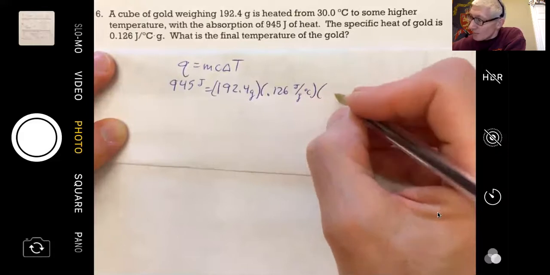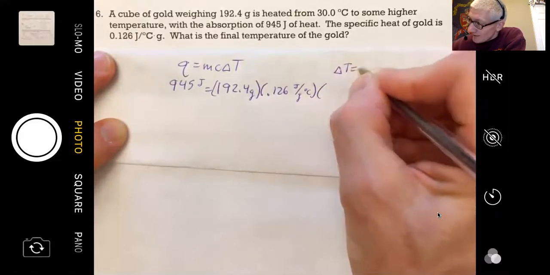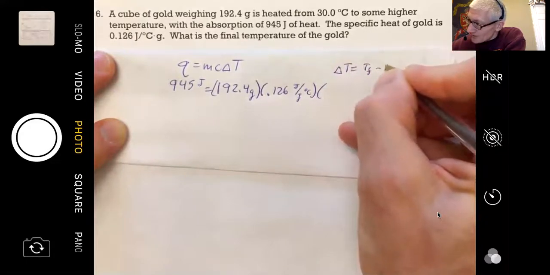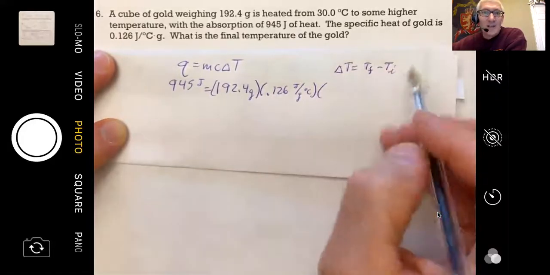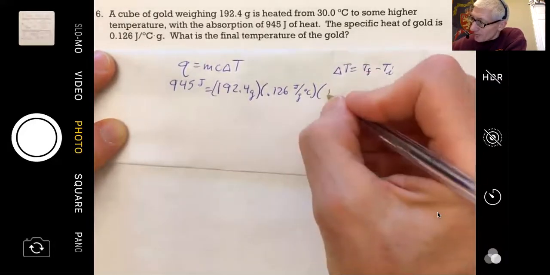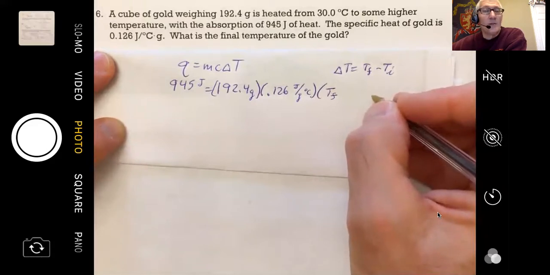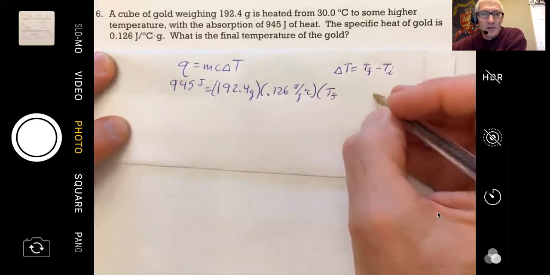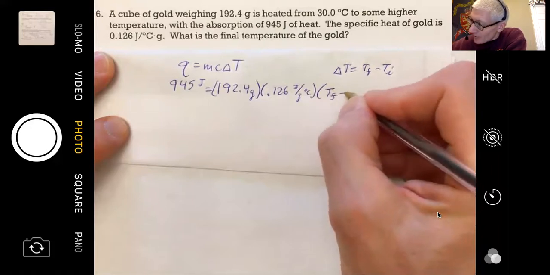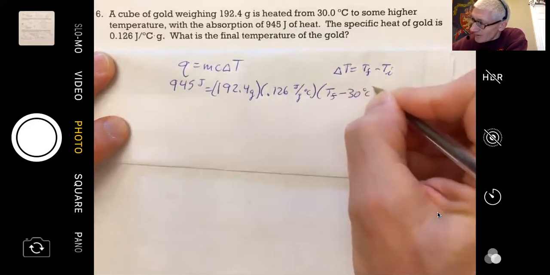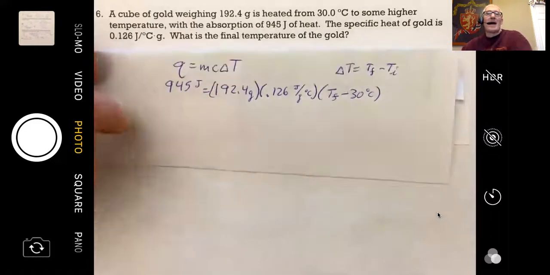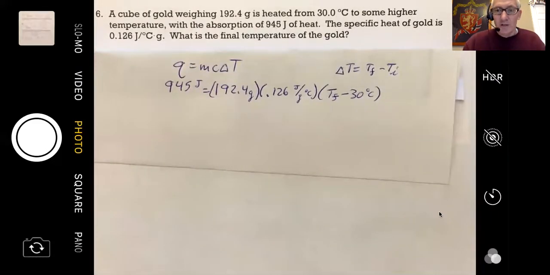And remember, delta T is final temperature minus initial temperature. In this case, it's asking me for the final temperature, which is what I don't know. What I do know is that it started out at 30 degrees Celsius.